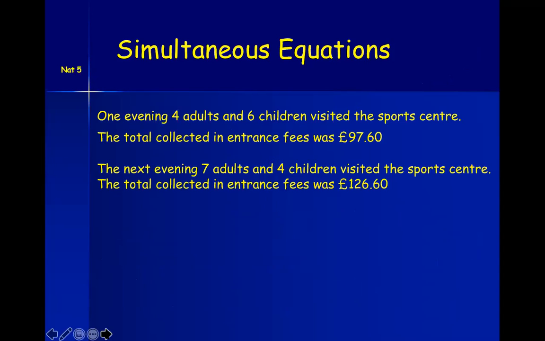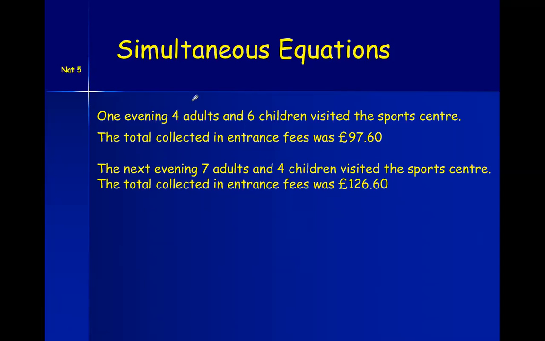So another way that simultaneous equations can be used a lot, this is going to come quite often, is when you've got a price for adults and price for children, which costs that amount, and you go to another place and it tells you 7 adults and 4 children is another price, and you can quickly check the price of 1 adult and the price of 1 child. Yeah.